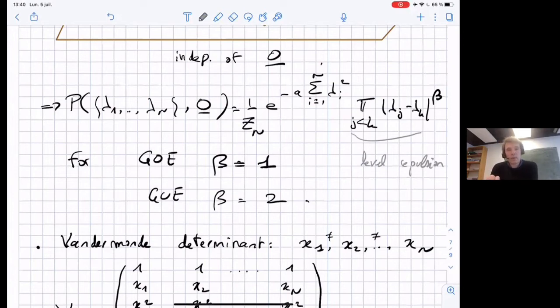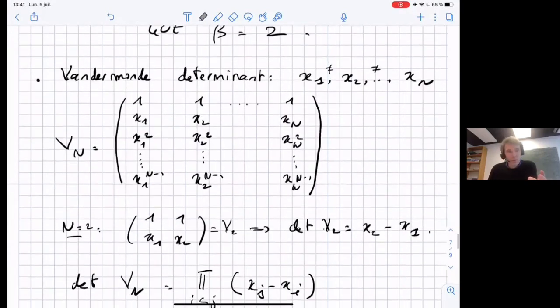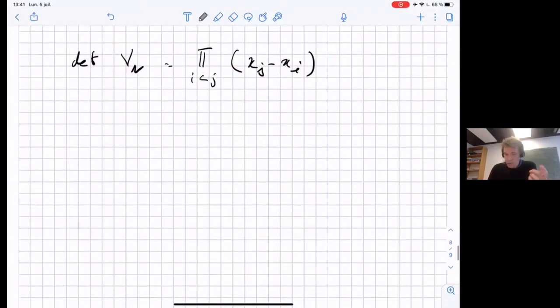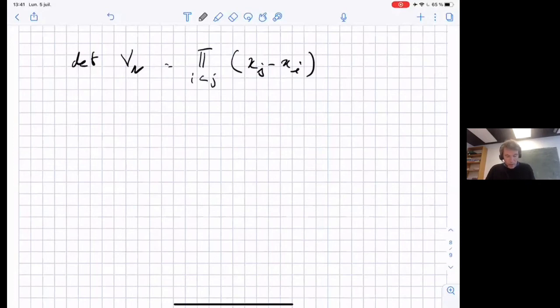Roughly speaking, fermions are particles which don't want to occupy the same eigenstates. It's good to think of these eigenvalues as the positions of fermions. Later on in the course, this will be even more precise.